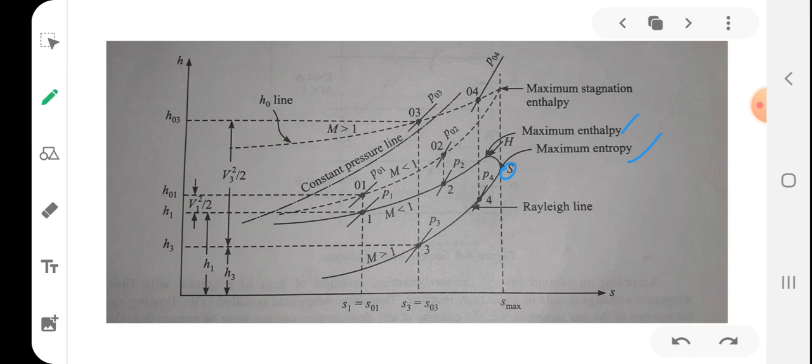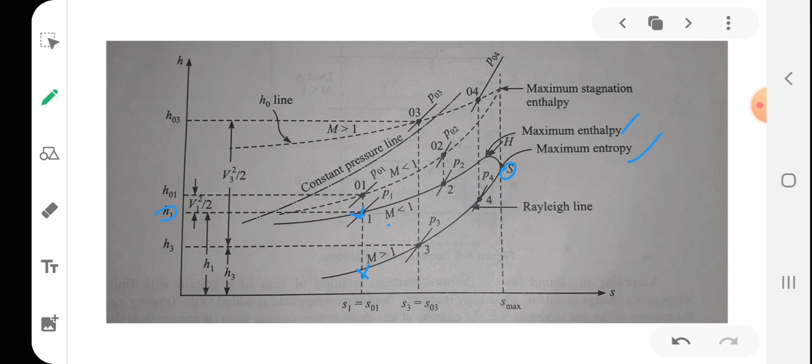You can see that I am taking a point 1 here in the subsonic branch. Upper branch will be subsonic because you can see that static enthalpy H1 is higher for this particular line than the corresponding lower branch line. And you know that in case of subsonic flow, the static enthalpy will be higher compared to the supersonic flow, right?